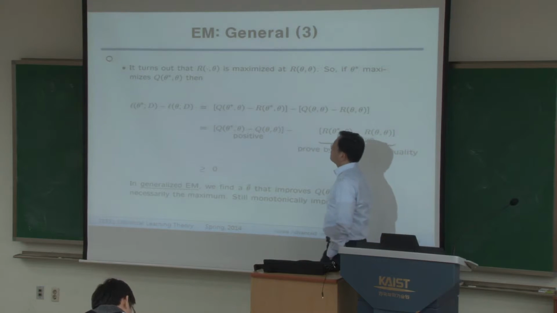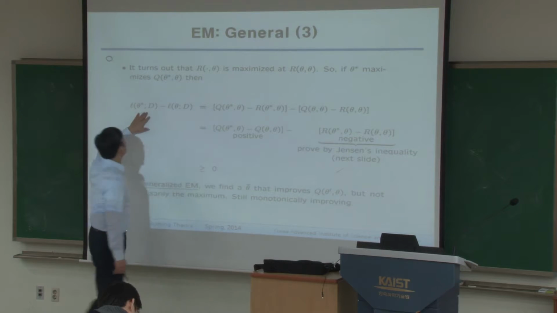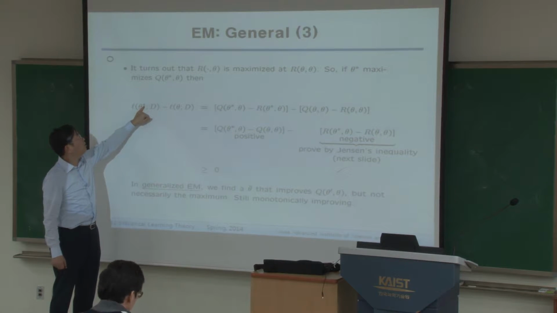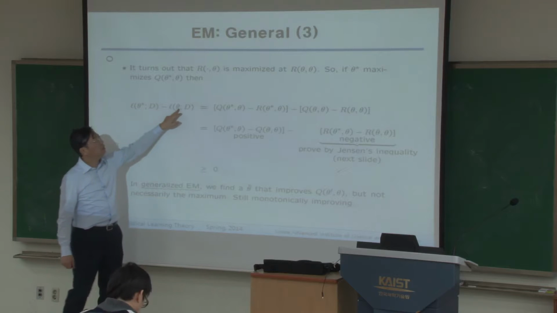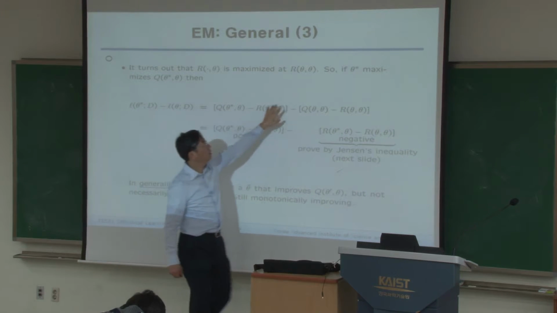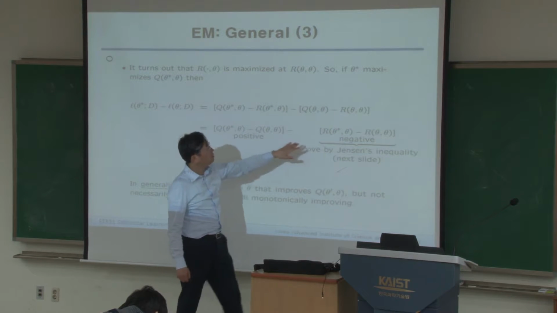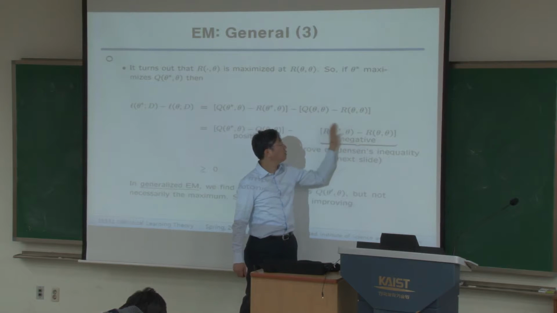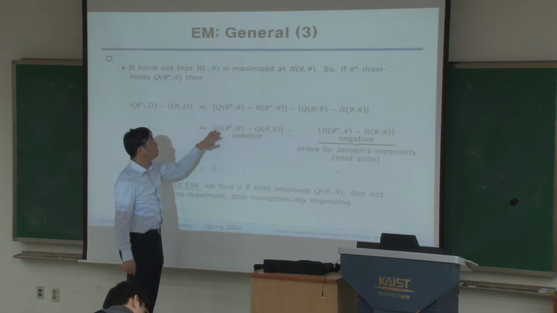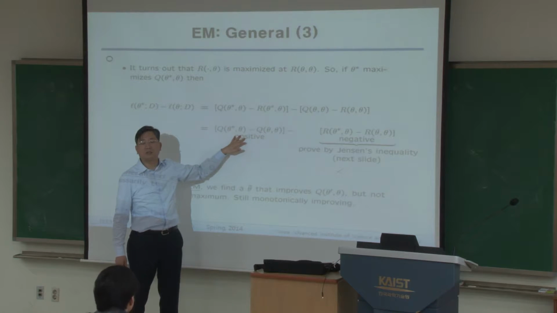Then I'm going to subtract two things: one at theta star, which is where it's maximum, and this is just some other theta. I do that, and I find that this is always negative, by Jensen's inequality. We look at the back side, and it really turns out we need to maximize over the auxiliary function.